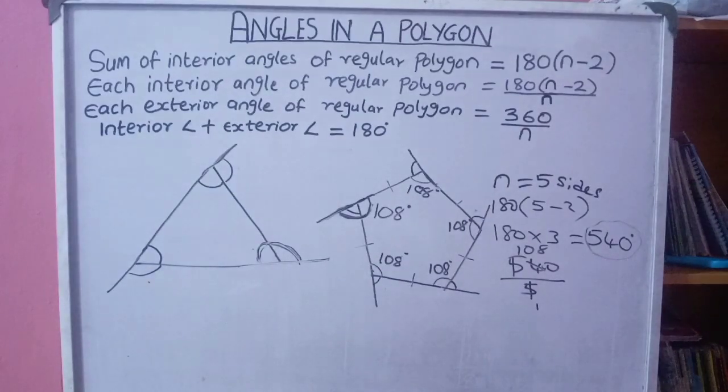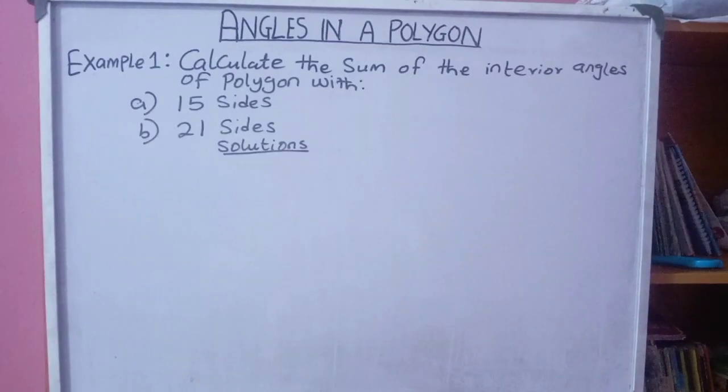All right, so let's proceed with some examples. Now let's take some examples. Number one example here: calculate the sum of the interior angles of a polygon with number A, 15 sides, and number B, 21 sides. Let's get the solution.